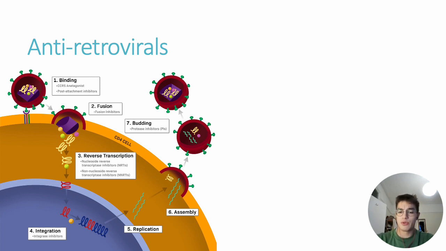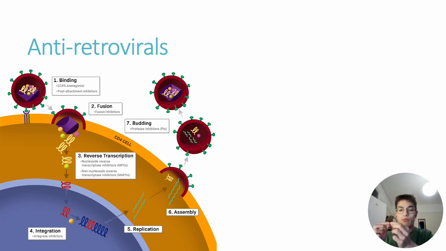And some of the most important and widely used antiretrovirals are these reverse transcriptase inhibitors. We won't go into the details of how they work exactly, but they target this unique viral enzyme, reverse transcriptase, and prevent it from creating DNA from the viral RNA. If you imagine that process which reverse transcriptase does, it's a bit like doing up a zip.